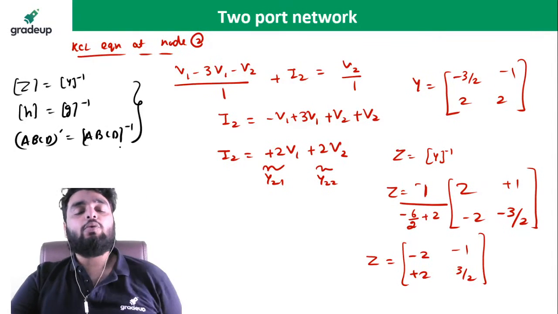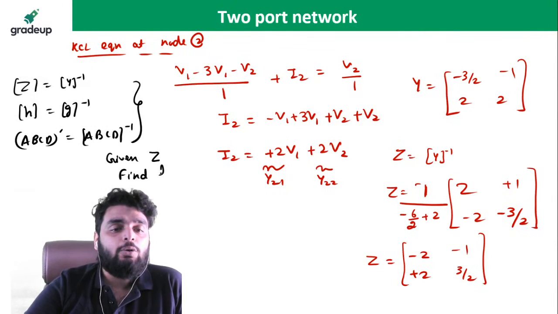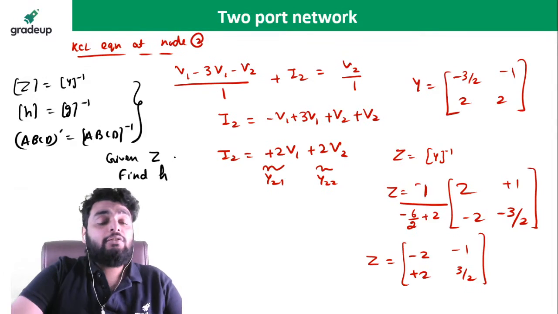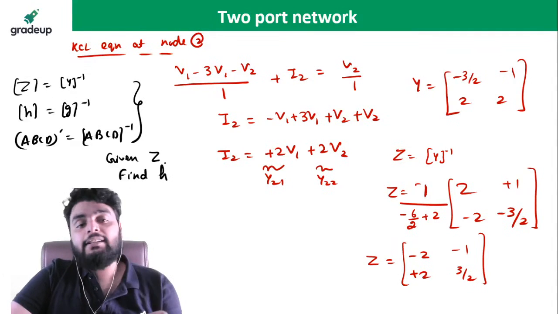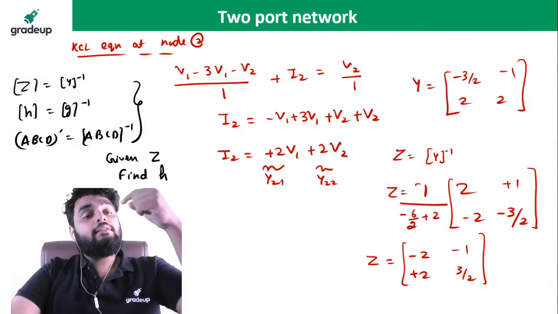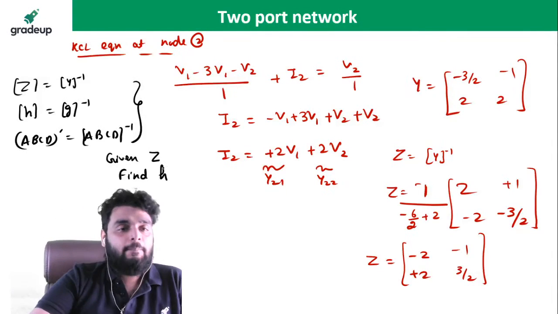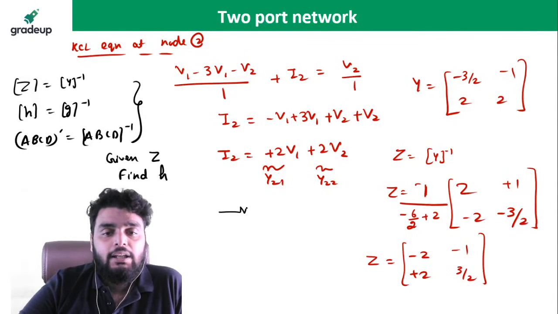But how can you convert if, let us suppose, we are given a Z parameter and I need to find out the H parameter? Now there is not any direct relationship between Z and H. So how will we convert the Z parameter into H or Z parameter into ABCD? This is also a very important topic for your exam. For example, if this particular network is given, this is a T network.